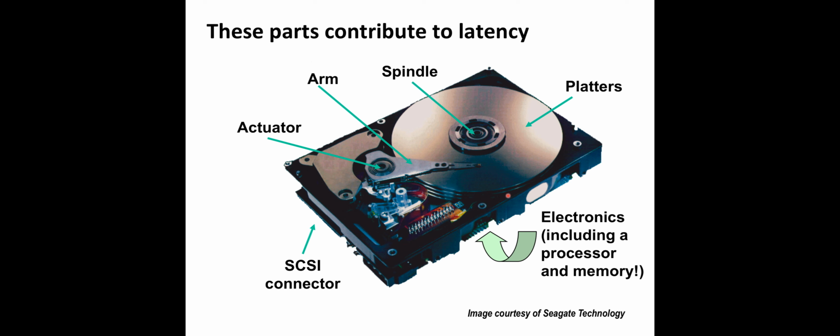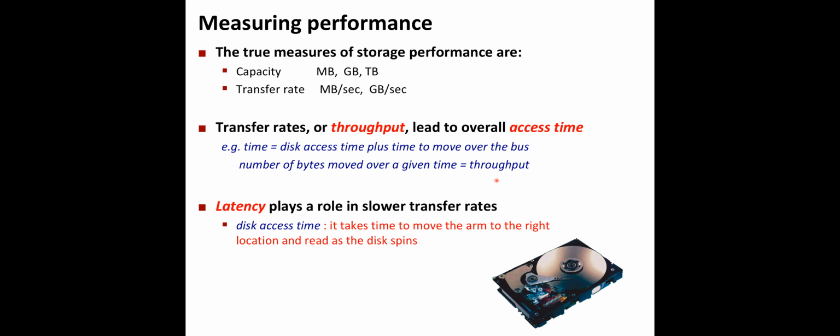The disk is spinning very fast, and it has to wait until the right area on the disk is underneath this arm, and then finally it can start reading. And so this takes a lot of time. These disks are made up of this magnetic material called platters, and it takes some time to read this information. And so this is why this is one of the slower technologies.